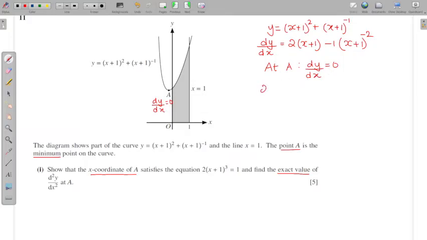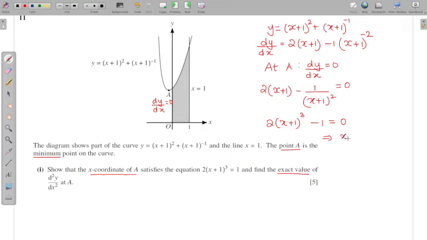So we can write 2 bracket x plus 1 minus 1 by x plus 1 whole square is equal to 0. So this will become 2 times x plus 1 whole cube minus 1 equal to 0. So I can take this 1 to the right hand side.